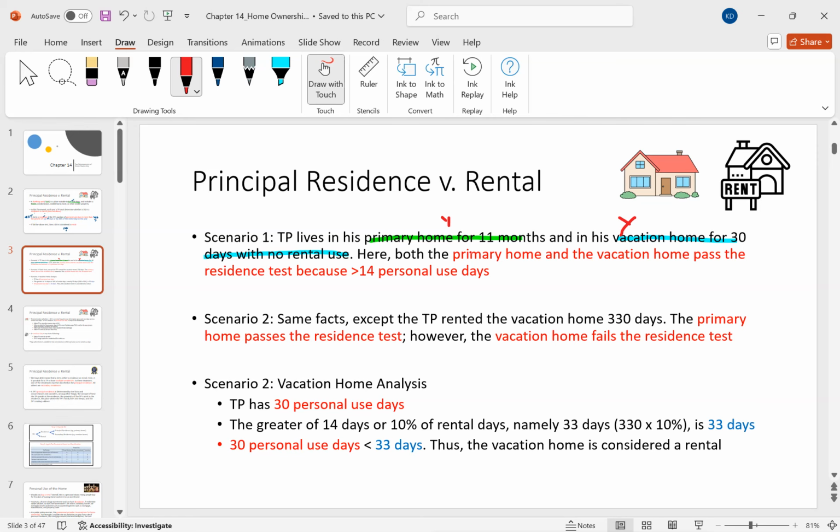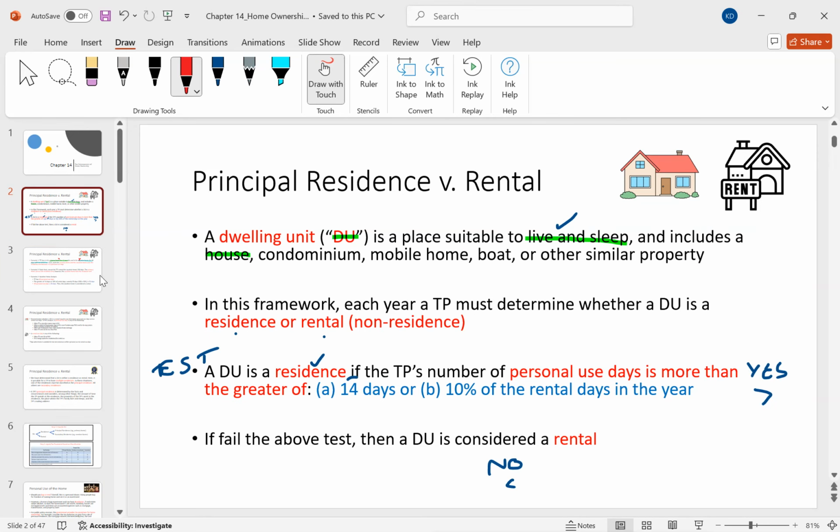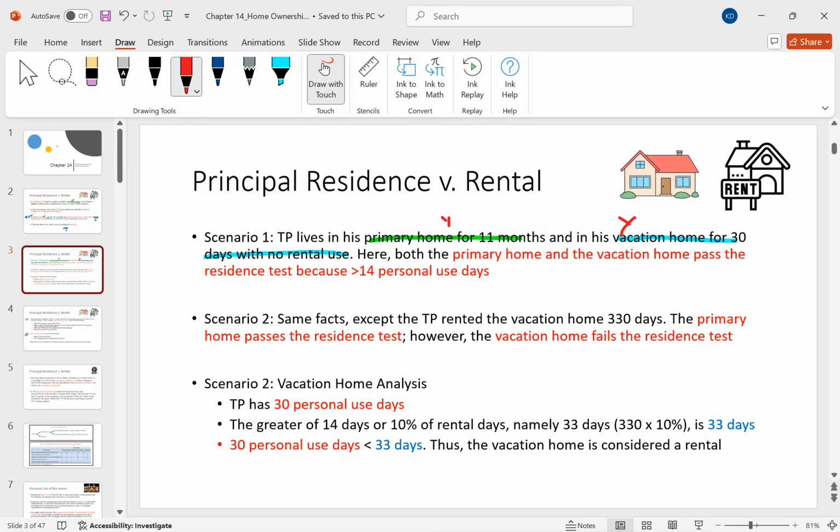The personal use days, 11 months and 30 days, are greater than 14 or 10% of the rental days. The rental days here is zero. So what's the bigger of 14 or 10% of zero? The bigger of those is 14. So in each of these, it's greater than.